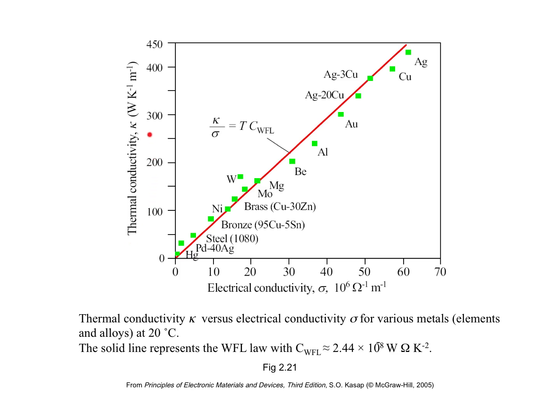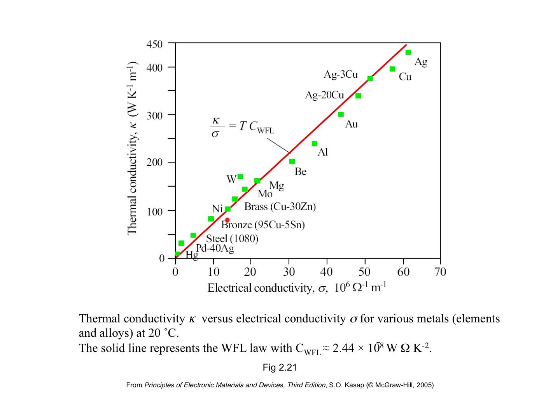The thermal conductivity of many metals is plotted here along with their electrical conductivity, and one can see there is a strong trend of increasing thermal conductivity with increasing electrical conductivity. This relationship, which can be written as the thermal conductivity divided by the electrical conductivity equals temperature times a constant, is known as the Wiedemann-Franz law.